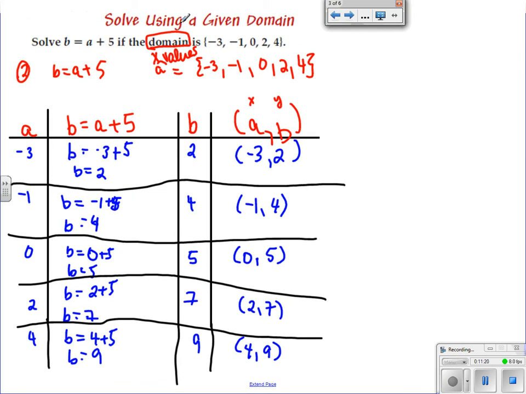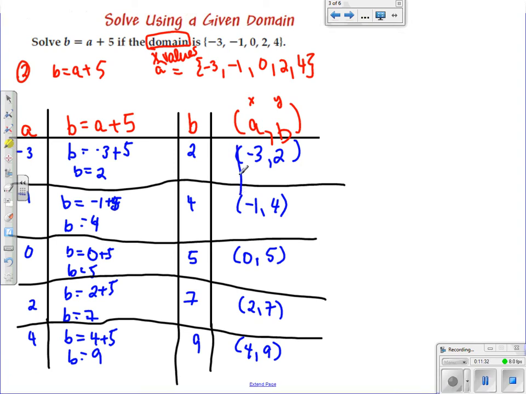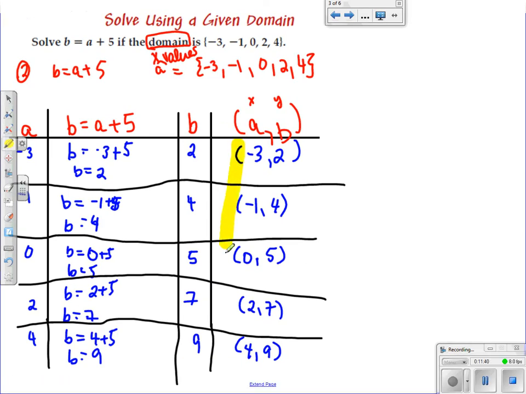Now, we solved for our b value by plugging in what we know for the domain. So for this one, our solution set for this equation would be our ordered pairs over here, in our last column. Okay, so this very last column over here, where we have our ordered pairs, this is our solution set.